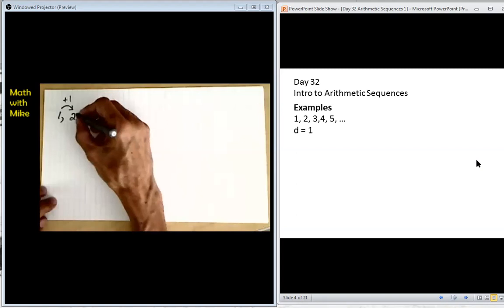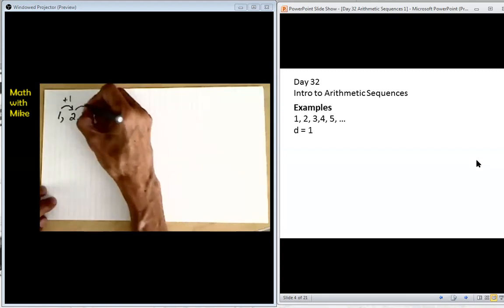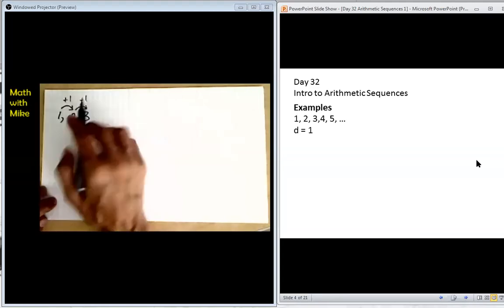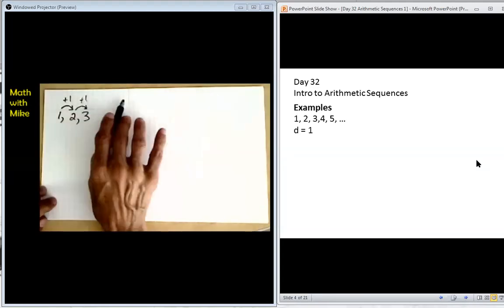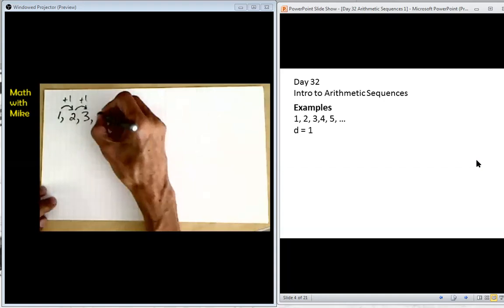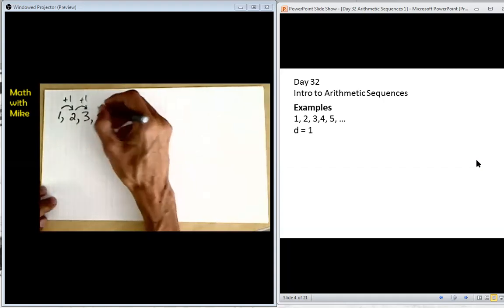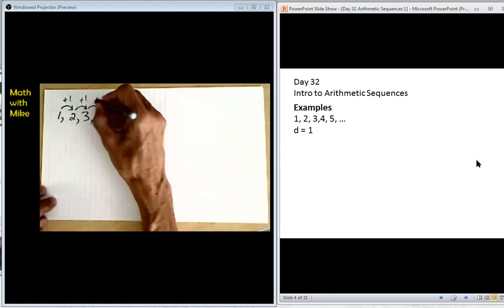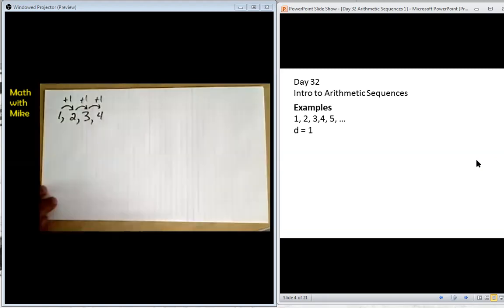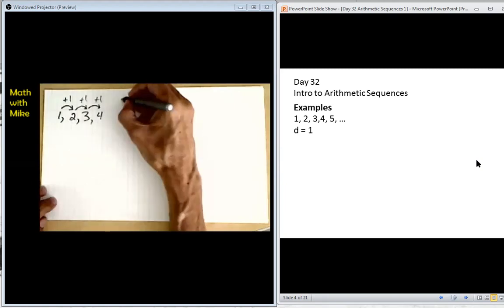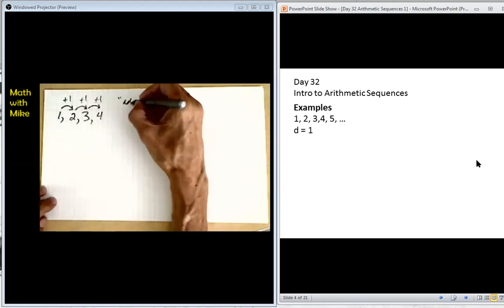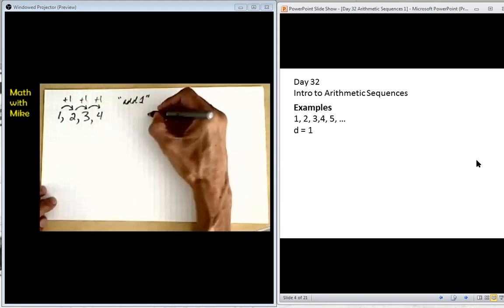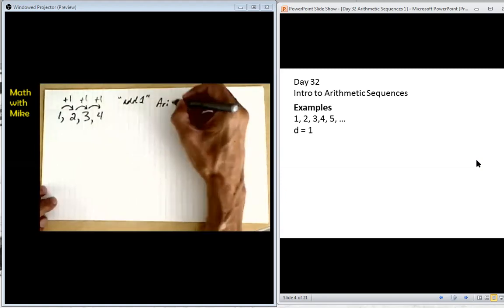What's the next number after 2? 3. What do you add? You see, plus 1 again, right? Same number each time. To get to the 4, same again. Add 1. Right? So because we're adding 1 all the time, this means we have an arithmetic sequence.